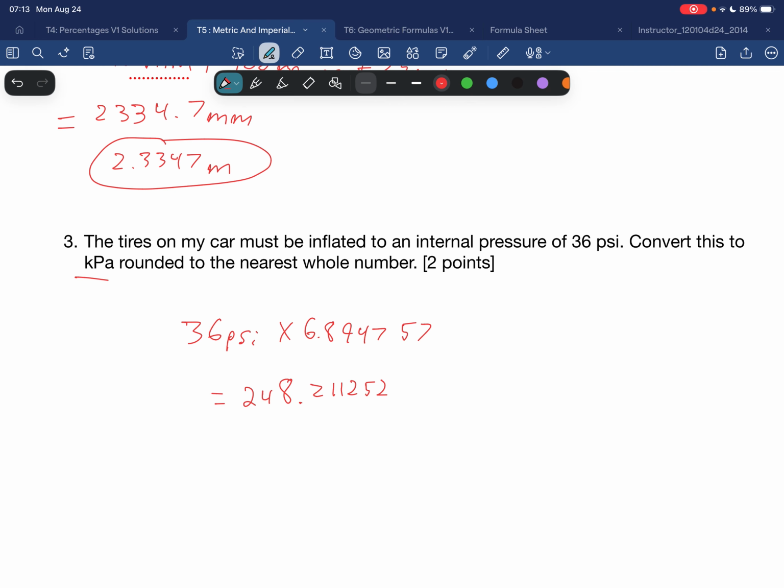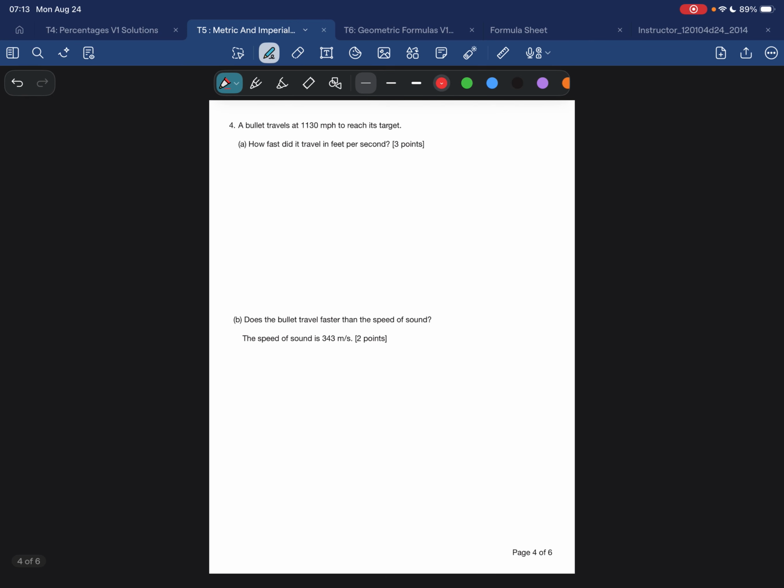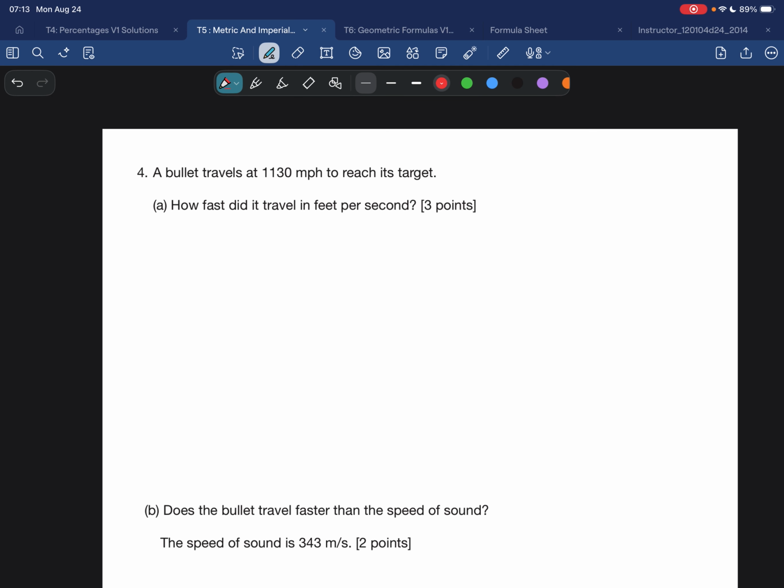248.211252. Great. So now that we did our conversion, we know that this is in kilopascals, but we are not done. It says rounded to the nearest whole number. So this is just going to be 248 kPa. So that was questions 2 and 3. Question 4.